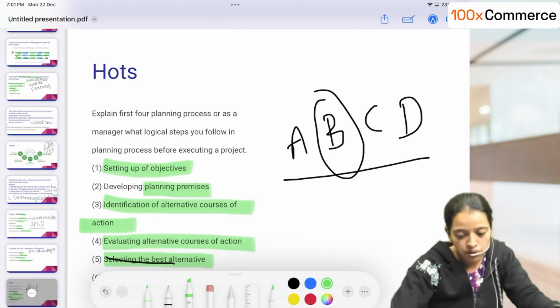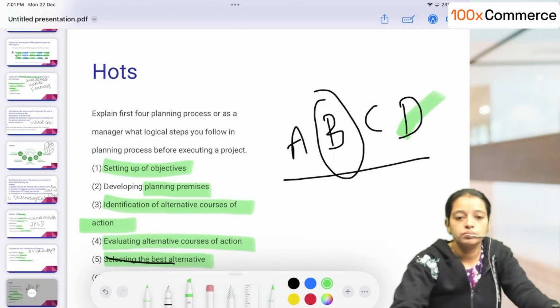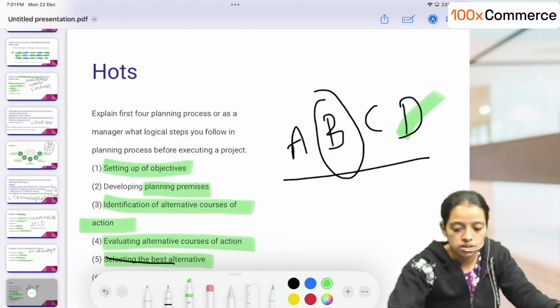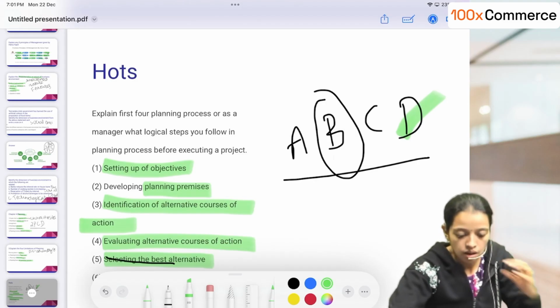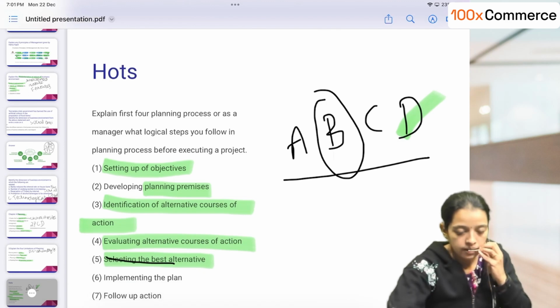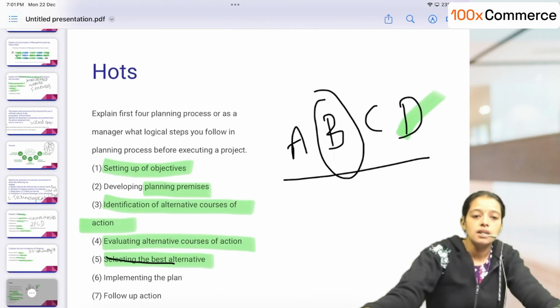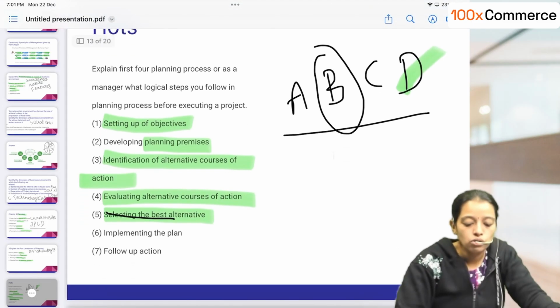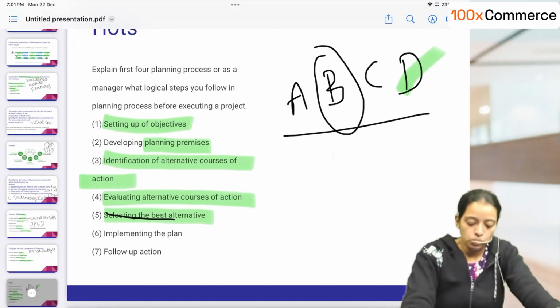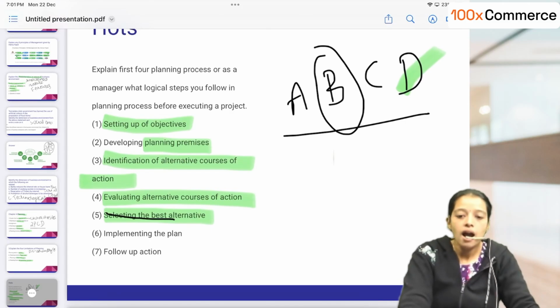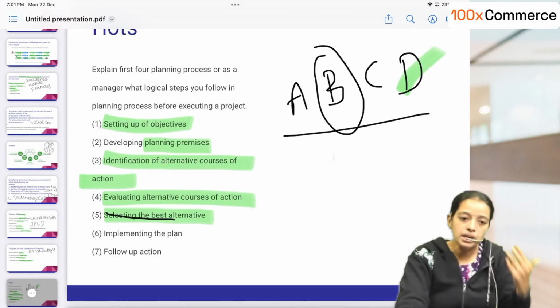Say for example, D is both effective and efficient, so they will go for that. These are the steps. The next step is implementing the plan, and the last step will be the follow up of the action. Once the plan is selected, it has to be implemented. After that, the follow up will be happening.